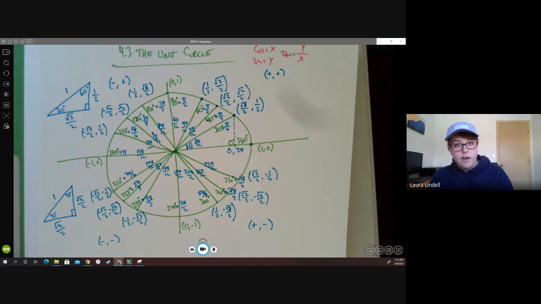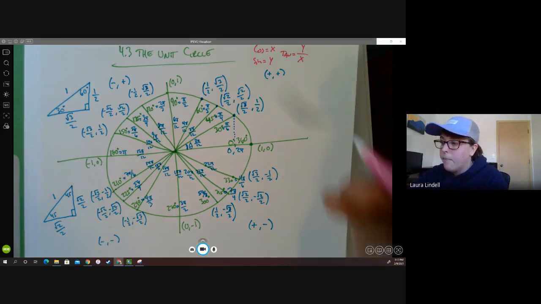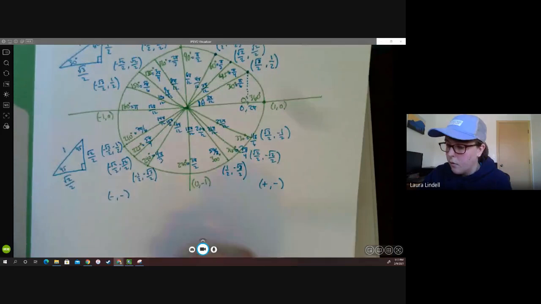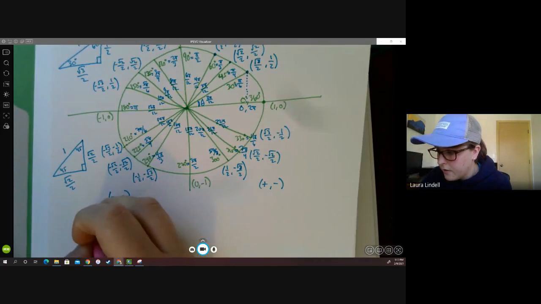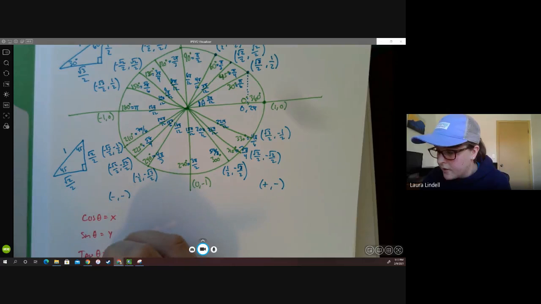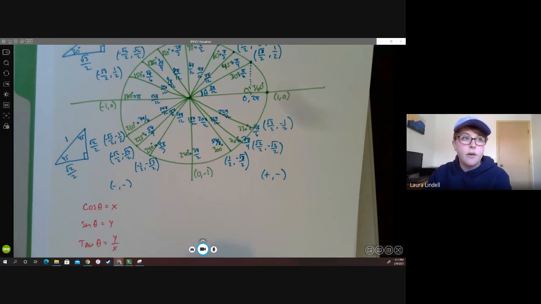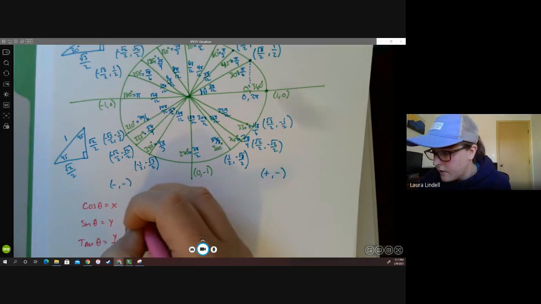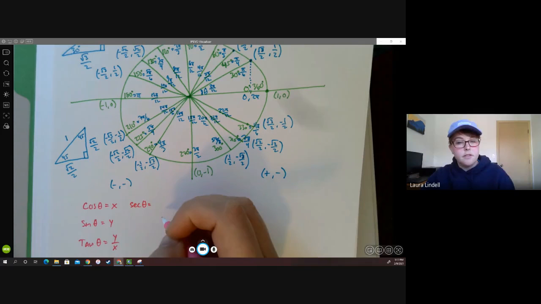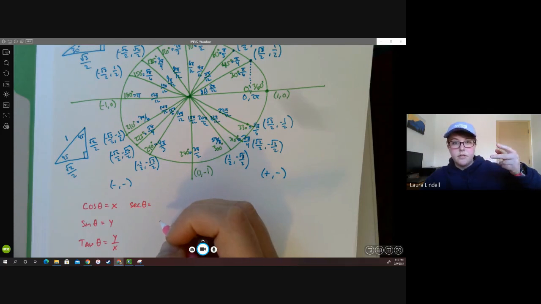So then from there, you can also get secant, cosecant, and cotangent. Because, and let's maybe organize this a little better down here. Cosine is x, sine is y. Tangent is y over x, because then we can see that secant is going to be cosine flipped, right?